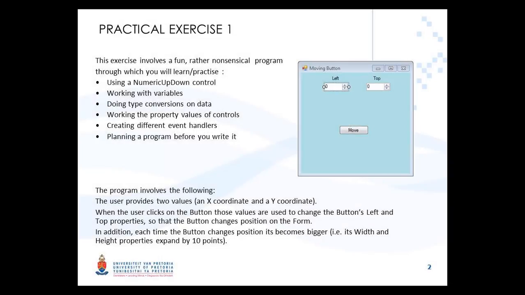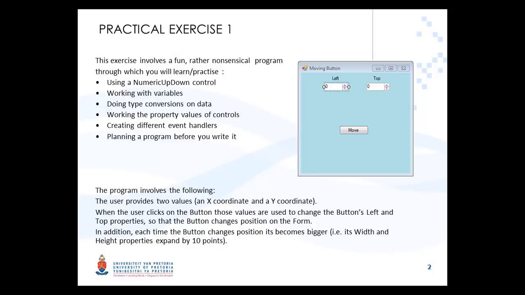We are now going to write the program for Practical 2, Exercise 1. And it's a rather nonsensical program that is just a bit of fun. So we're going to use numeric up-down controls to get X and Y coordinates, and then we're going to use those values to move the button that we click on to a different location.